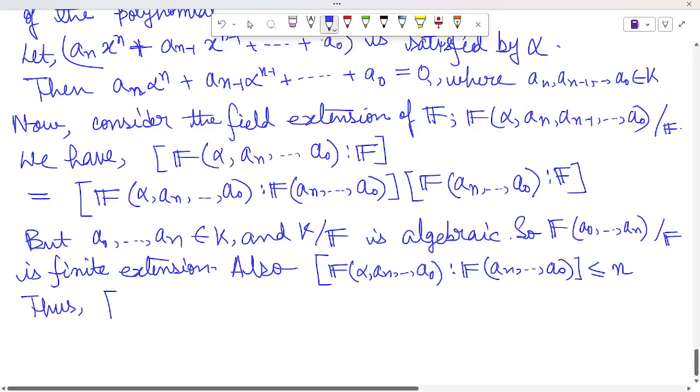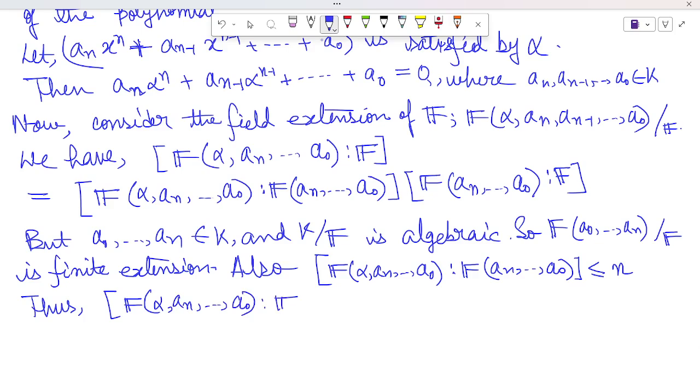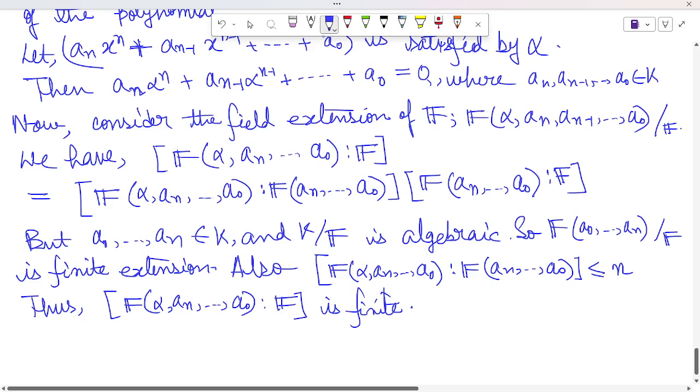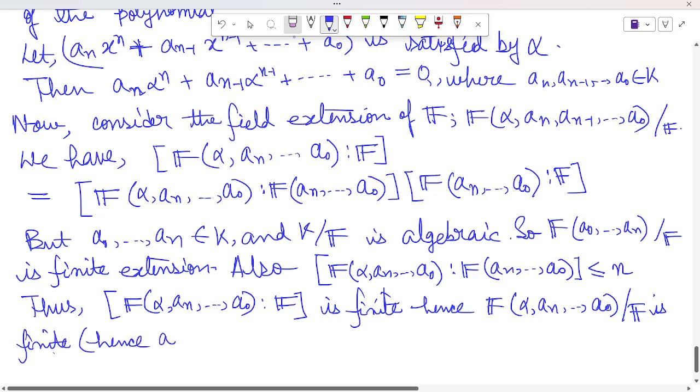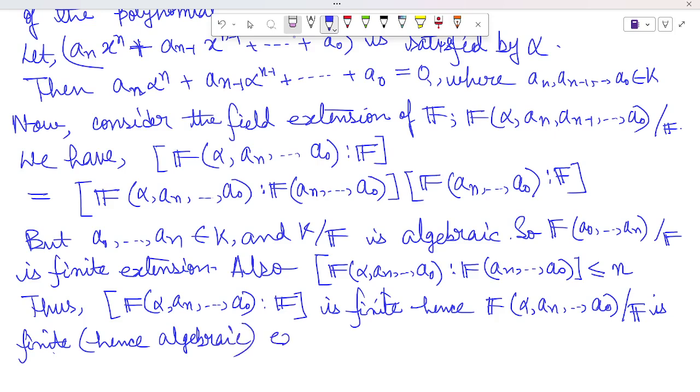Thus that extension is finite. But we know that finite extensions are algebraic extensions. Hence F(alpha, a_0, ..., a_{n-1}) over F is a finite, and therefore algebraic, extension.